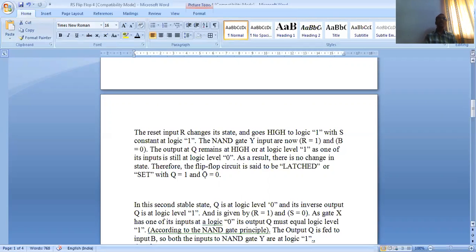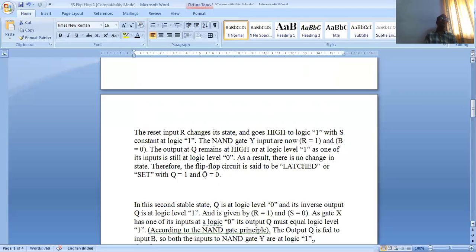Suppose the question is asked in the examination like, explain RS flip-flop using NAND gate, then you should draw the NAND gate and explain. And when the question is explain RS flip-flop using NOR gate, then you should draw the NOR gate. That is the difference between the RS flip-flop using NAND gate and NOR gate.